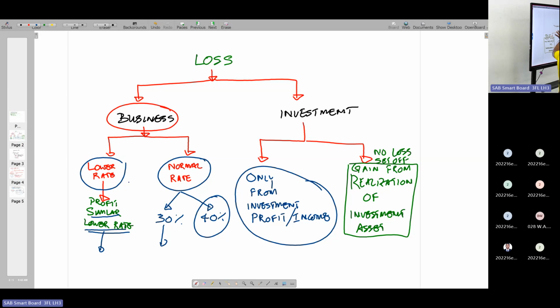Right. So it says if there are any losses from the investment, that loss can be set off against the investment income. Is there any gain from the realization of investment assets? No losses can be set off against that particular gain.